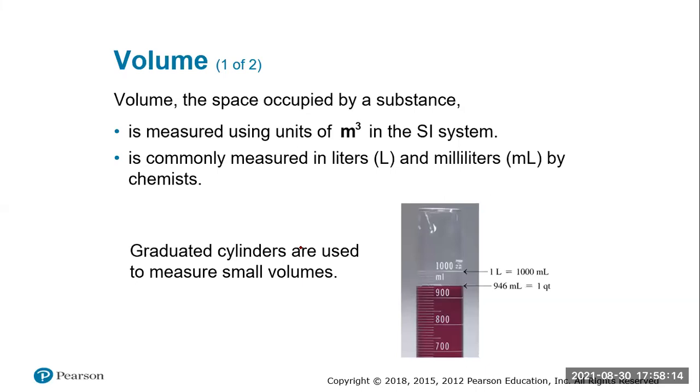For the most part, these three units are what we come across. Liters is a very common unit of volume, abbreviated with an L. Also milliliters, which is the prefix unit for liters, and cubic centimeters is another volume unit.